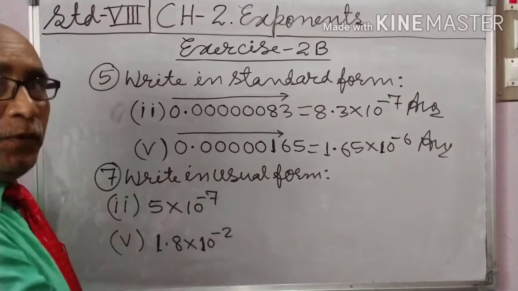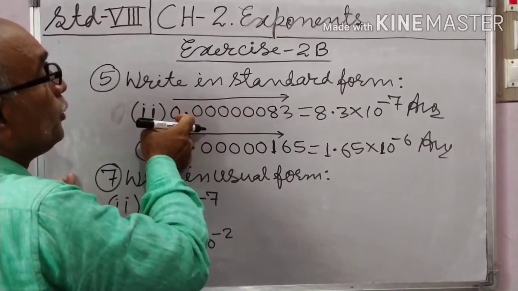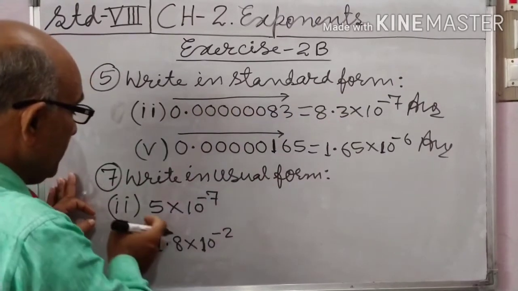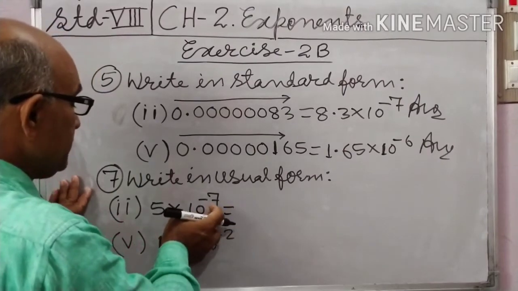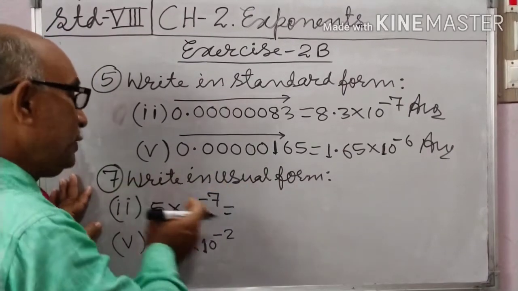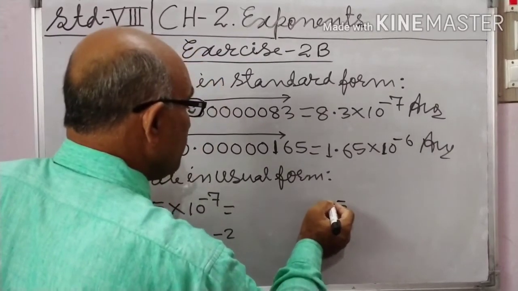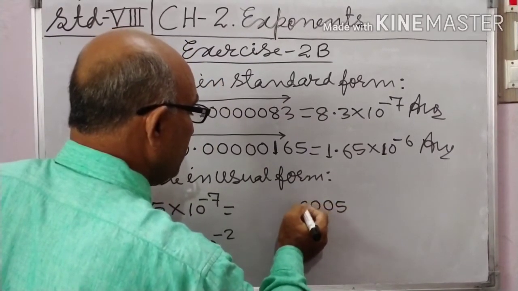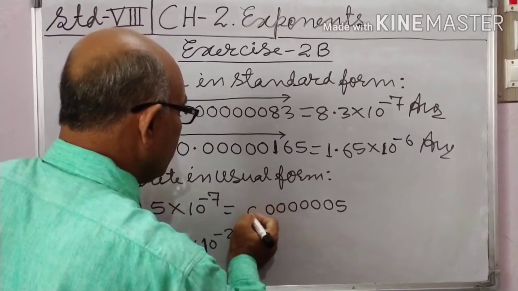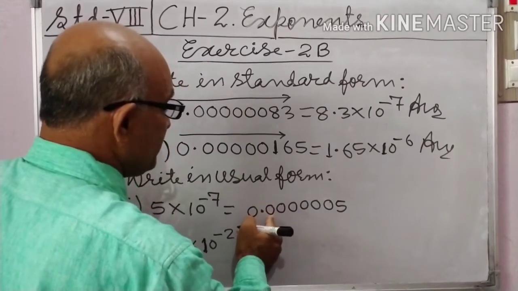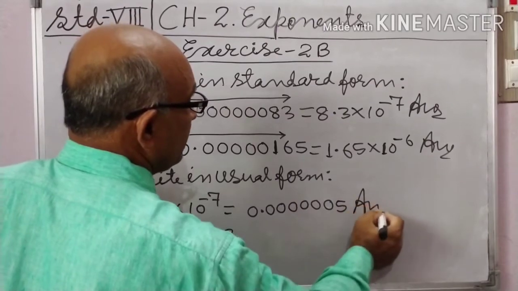Now write in usual form. It is in usual form; change into a standard form. So 5 into 10 to the power minus 7. The decimal is shifted 7 places right to left. So write 5, then 1, 2, 3, 4, 5, 6, 7: 0.000005, answer.